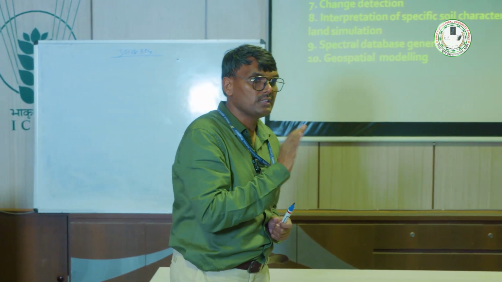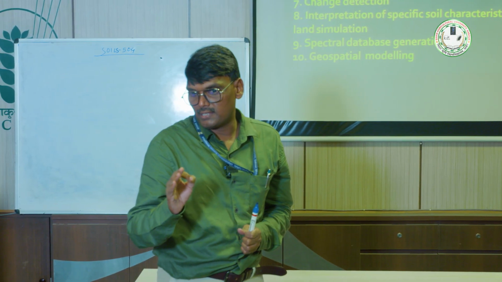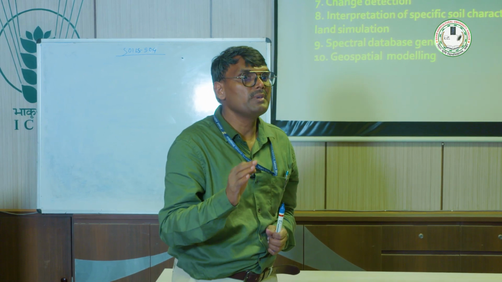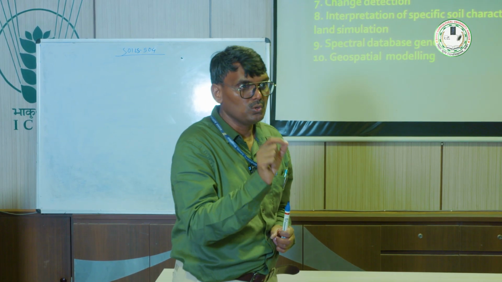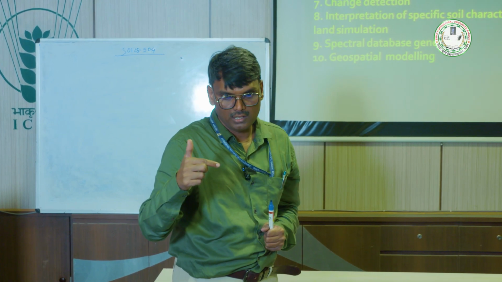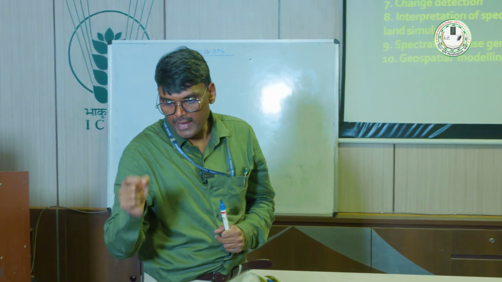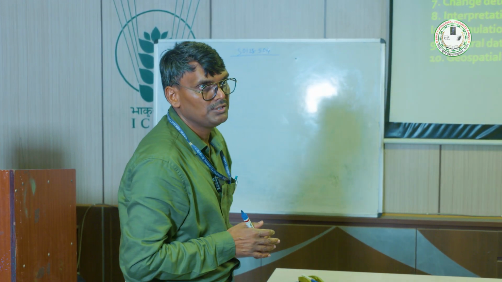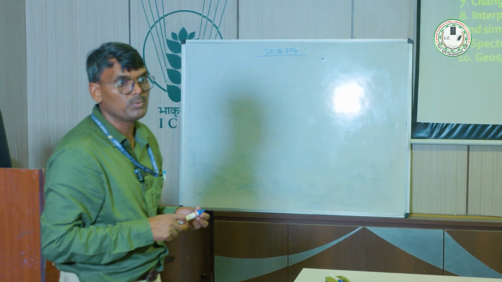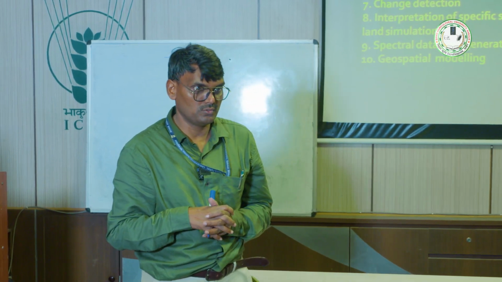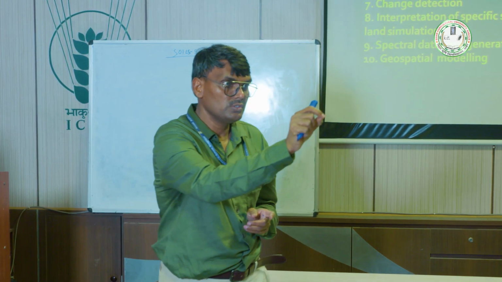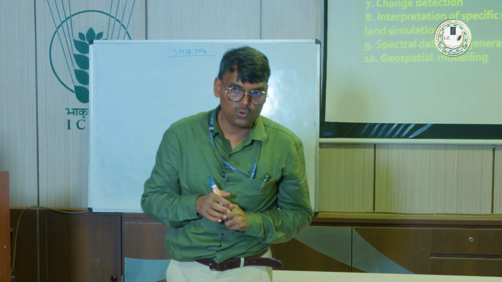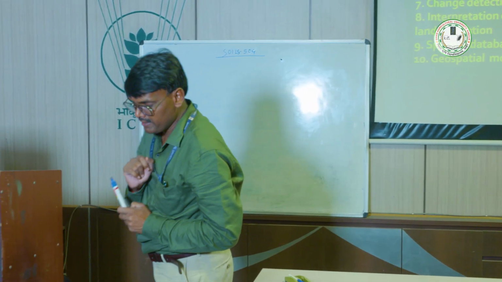A spectral property is nothing else, it is an advancement in spectroscopy so that we can trace out the actual value of the mineral of the particular soils. Suppose zinc deficiency, iron deficiency, potassium, nitrogen. So how is it possible? How can we diagnose? In that situation we use spectroscopy, spectral properties.